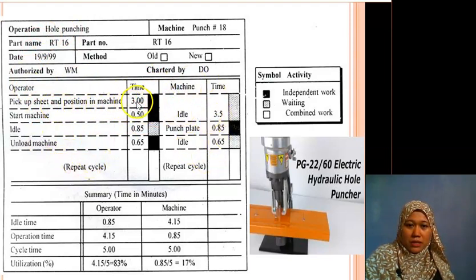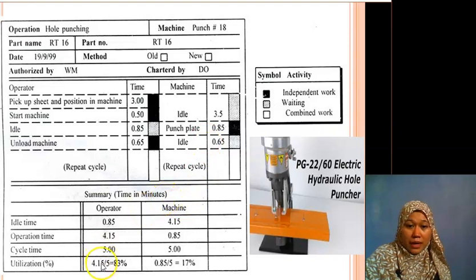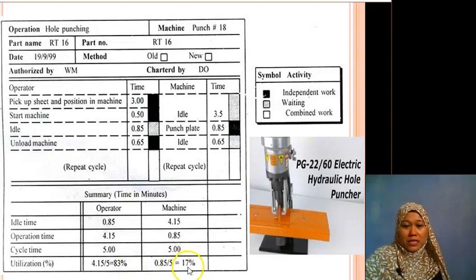So pick up the sheet takes 3 minutes, and then start the machine 0.5, and then idle means that the machine is doing the punching, and then again the unloading is done by human. So we add up the time for human, and the time for the machine, and we know that utilization for human is 83%. That is quite high, and for machine it is 17%. So they need to do something.